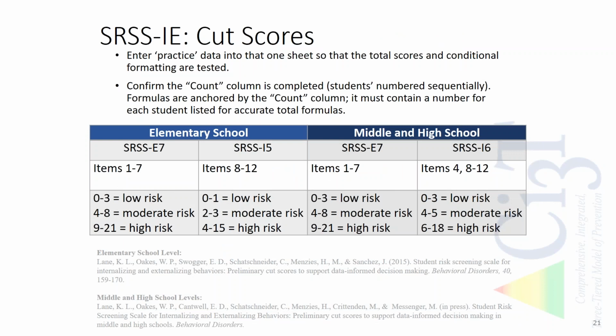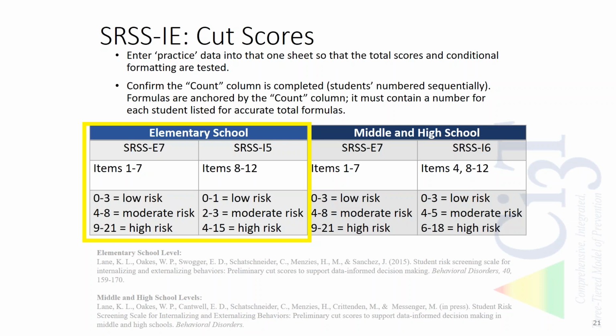Now, in this particular screening tool, there are 2 total scores that are created. I'm going to focus over here for just a moment on the elementary side. So at the elementary level, items 1 through 7 are added up, and if a student's total score is 0 to 3, they're considered in the low risk category. A student's score of 4 to 8 is considered at the moderate risk category, and 9 to 21 is at the high risk category.